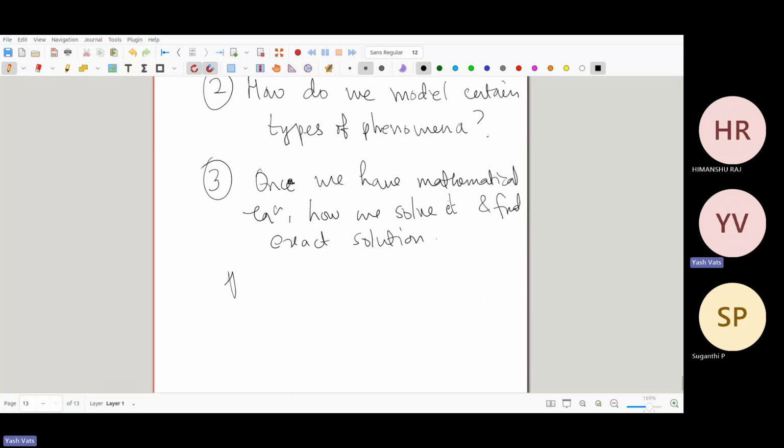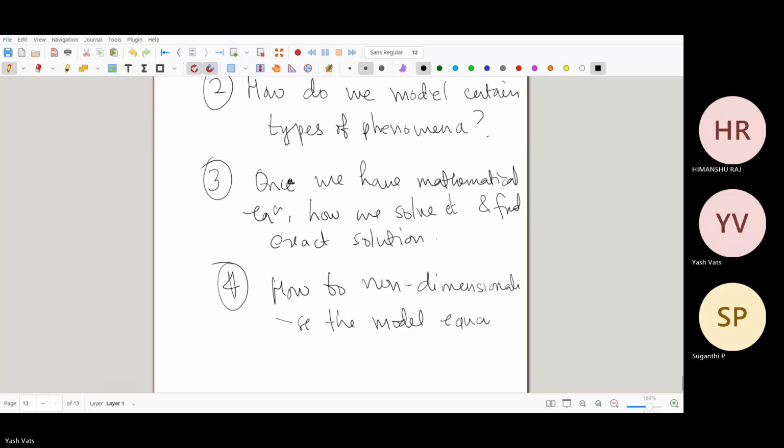And the fourth thing we have learned is how to non-dimensionalize the model equation. So these are the steps we followed to make a good mathematical model.